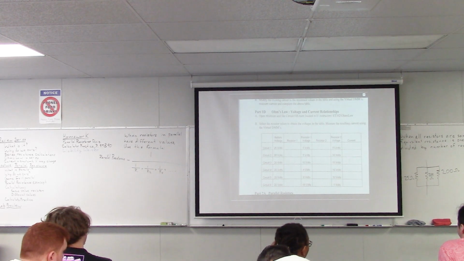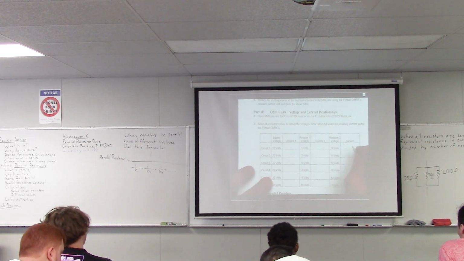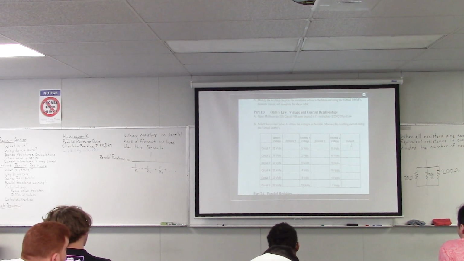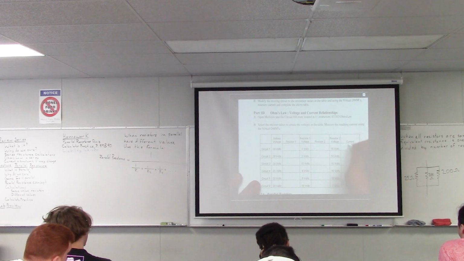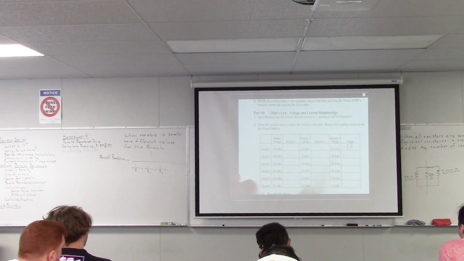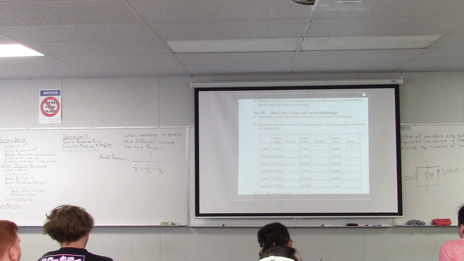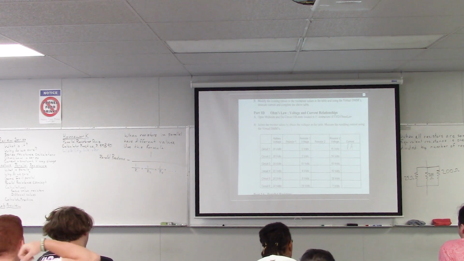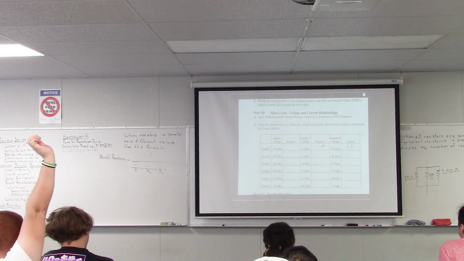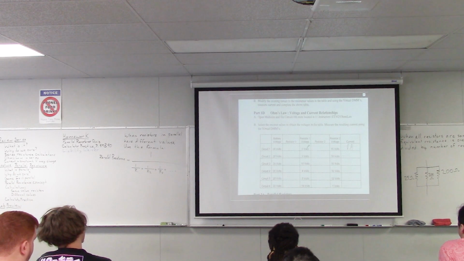I like to just set the current to be 1 amp. Once we set the current to be 1 amp, then we can use Ohm's law to figure out the other values.